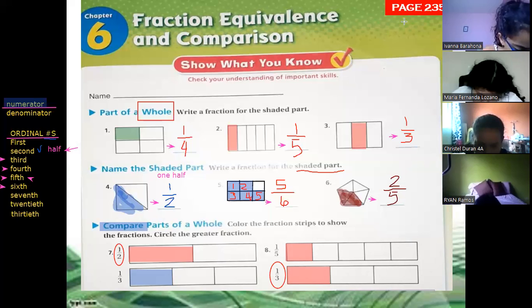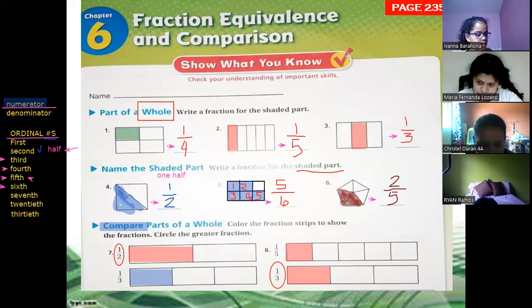Now, did you color and copy? Yes. Okay, let's continue. Hurry up. On the next page, we're going to work with vocabulary.